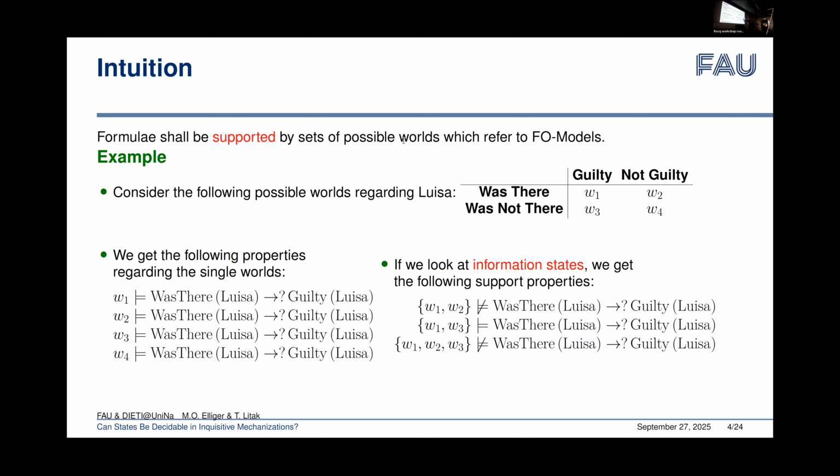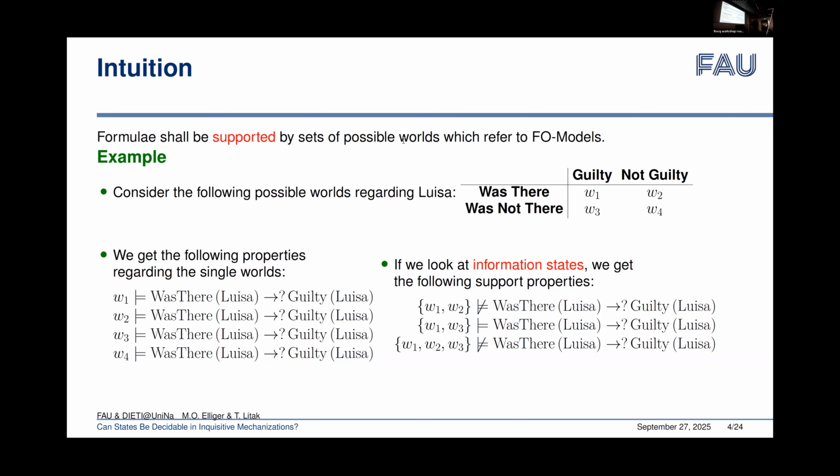So for example, if in world, meaning first order model number one, Luisa is guilty and was there, but in model number two, Luisa was there but is not guilty, then it means that even looking at this particular collection of two different models tells us that Luisa being there does not allow us to settle the question of Luisa's guilt one way or another.